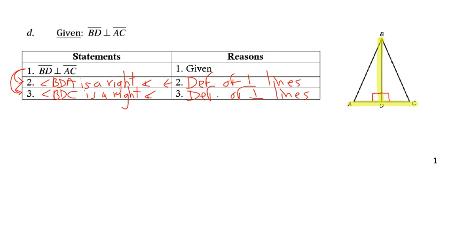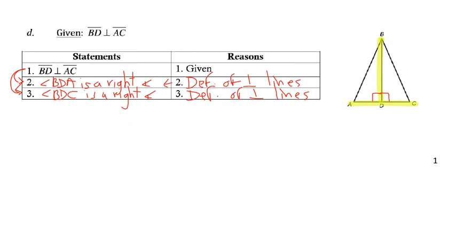Be careful with perpendicular lines. Some people are tempted to say that you have 90-degree angles, but if you are very careful, the definition of perpendicular lines does not mention a 90-degree angle. Yes, we know that right angles have 90 degrees, but that is not part of the definition of perpendicular lines.